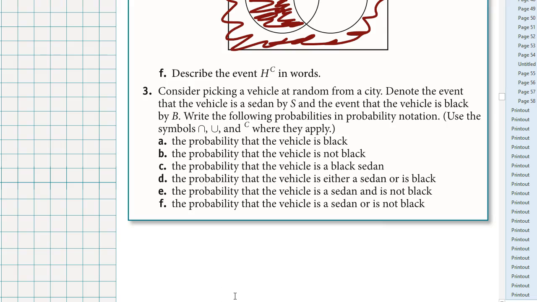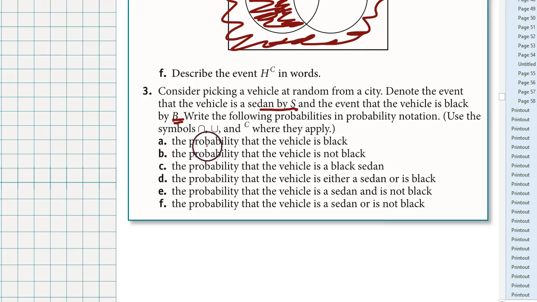For number 3, let's practice using the different symbols for intersection, union, and complement. Consider picking a vehicle at random in a city. Denote the event that the vehicle is a sedan using an S, and that the vehicle is black by using a B. Write the following probabilities in probability notation using these symbols to show the combination of criteria.